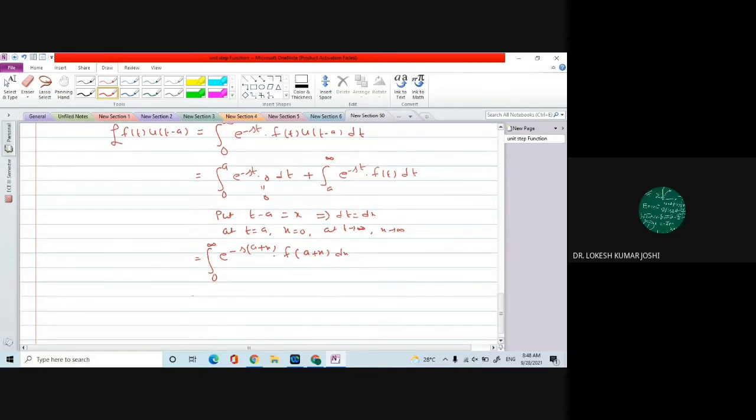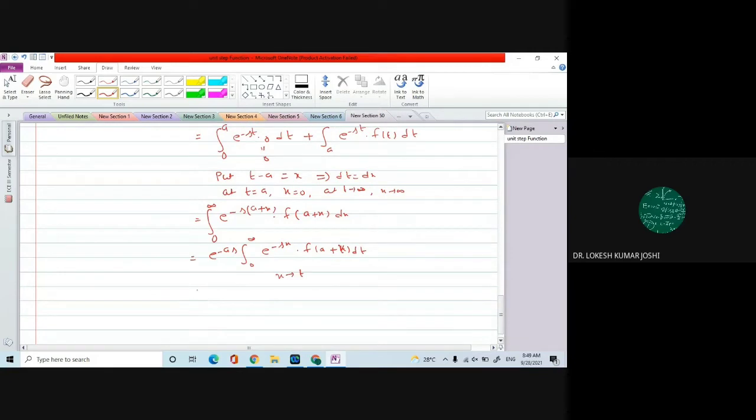e to the power minus as can be written outside. This integral will become e to the power minus sx into f(a plus x) dx. Replace x with t, we get e to the power minus as, integral from 0 to infinity of e to the power minus st f(a plus t) dt.